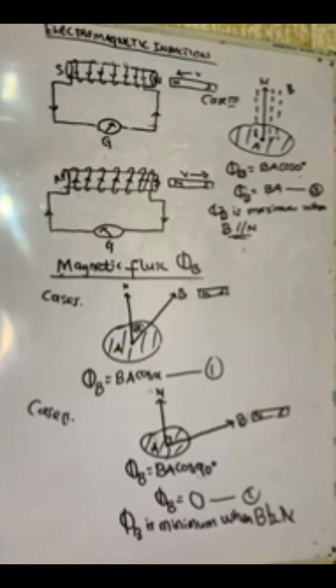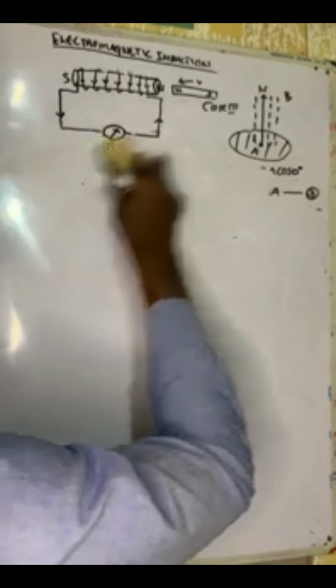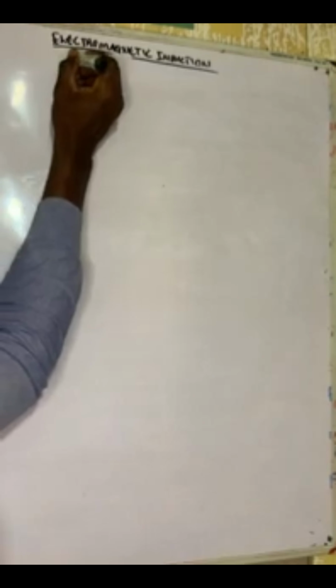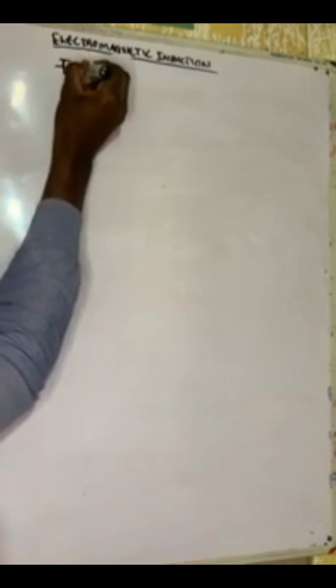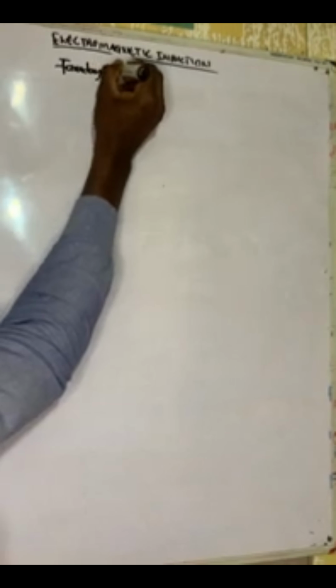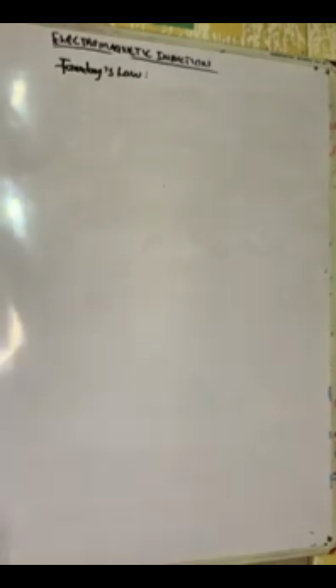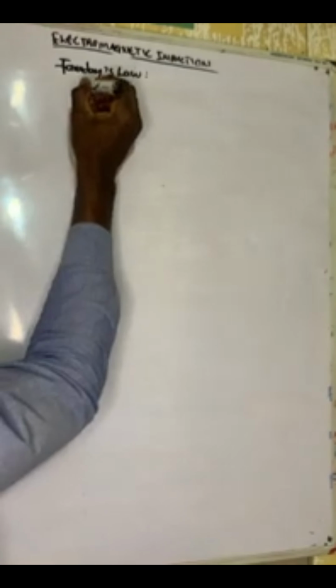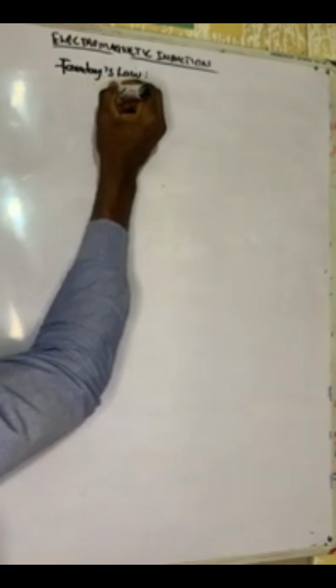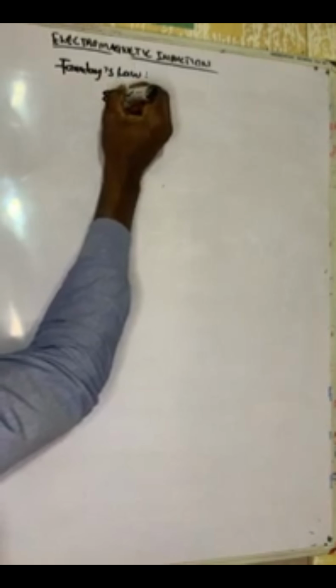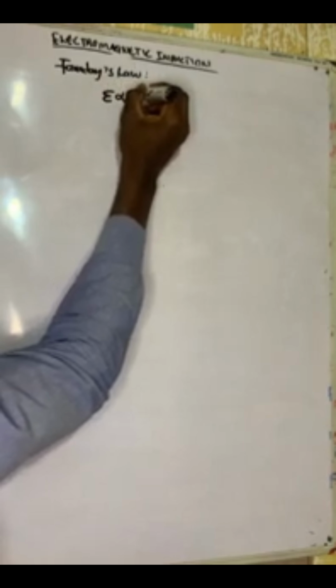Alright. So I think at this juncture we've come a long way. So let's quickly look at Faraday's law of electromagnetic induction. Faraday's law states that during electromagnetic induction, an EMF is induced, and this induced EMF is directly proportional to the rate of change of magnetic flux.